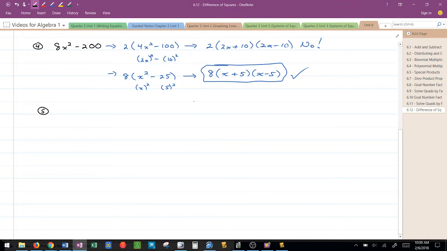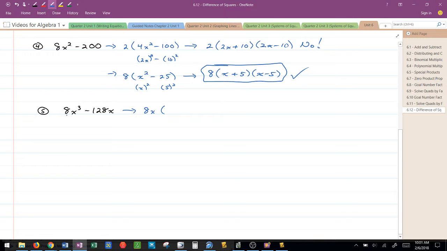So let's try another scenario now. Let's say for this one, we have 8x cubed minus 128x. Well, the one thing that I notice is they both have x, and they both have multiples of 2. All right, so there's definitely going to be a GCF here. I'm going to bet that the GCF is 8x. So let's see.